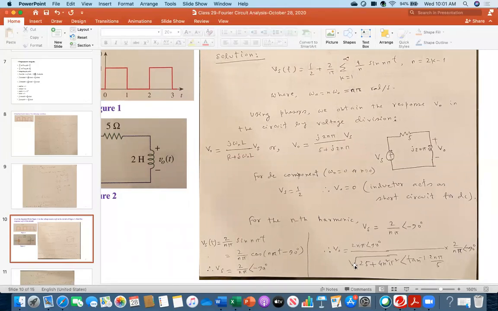Everybody see? So root over 5 squared plus 2n pi squared, which is 4n squared pi squared. And what is the angle? The angle is tan inverse of 2n pi over 5. You see, this is the base and this is the perpendicular, with the j. So tan inverse is perpendicular over base. So this will be your angle. Everybody, could you follow what I am doing?